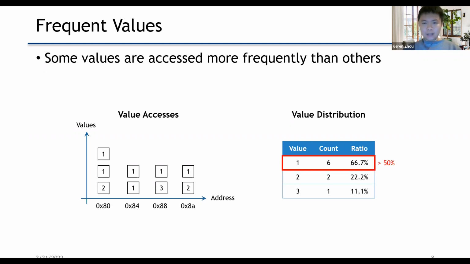We found that value 1 has been accessed 6 times, which takes 66.7% of all the accessed values, which is greater than 50%. So it's accessed very frequently comparing to other values.